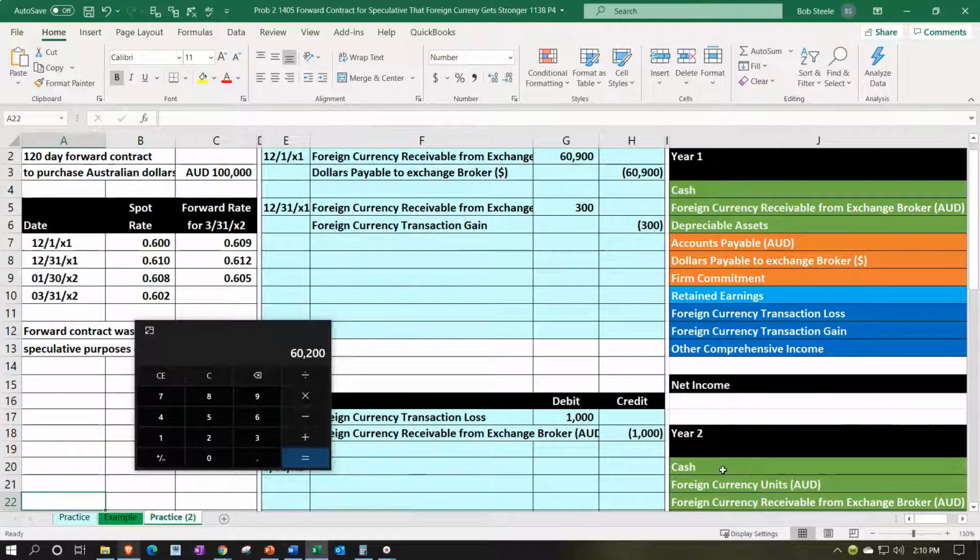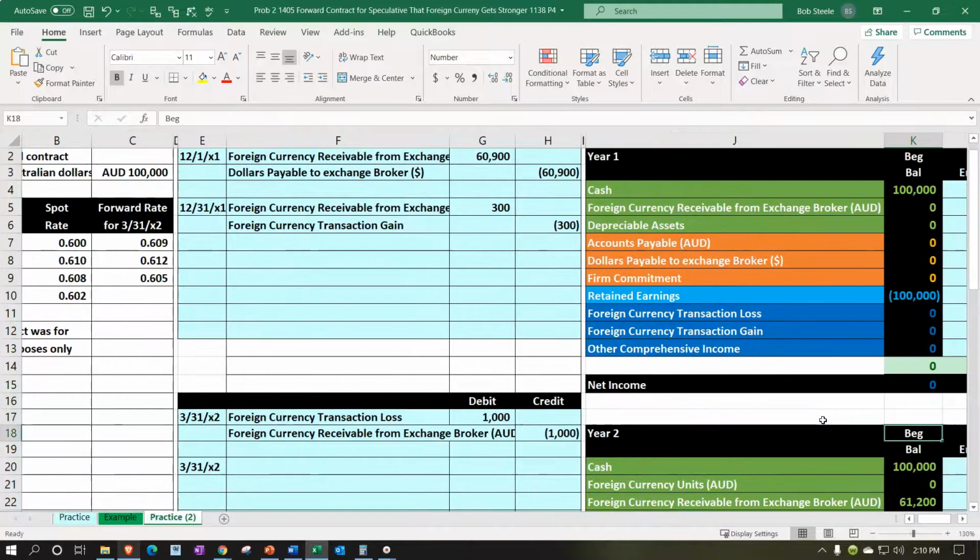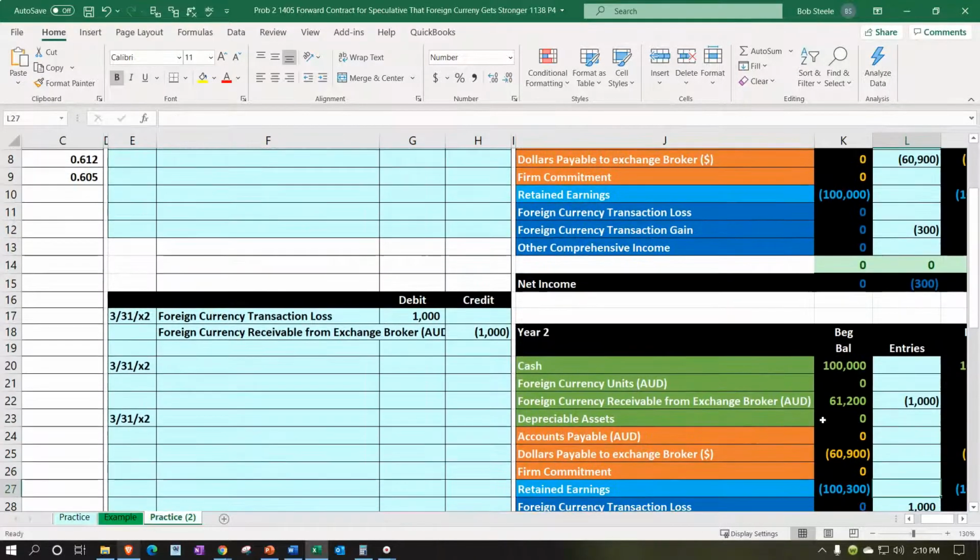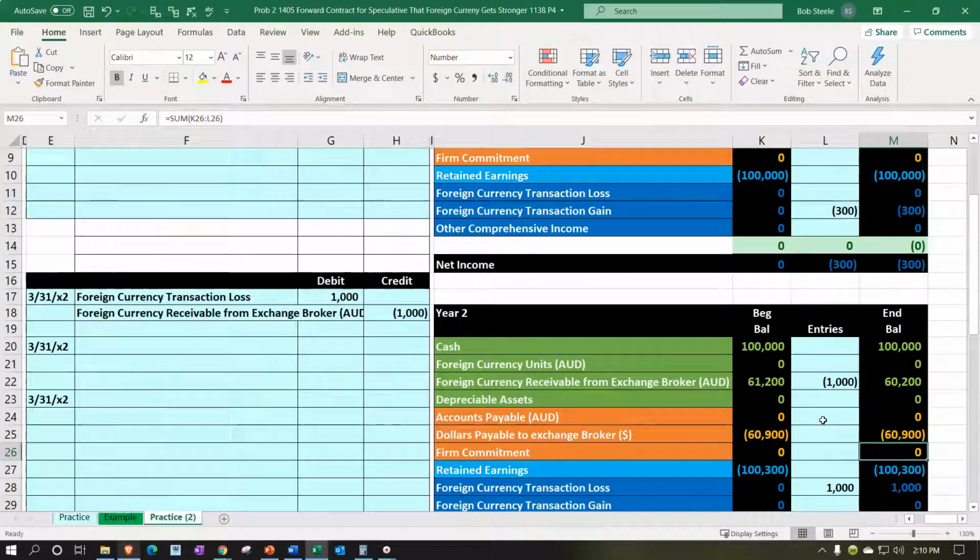So there we have that. Now we can complete this transaction. Basically now we have a payable to the broker, in dollars, of the 60,900, and we have a receivable from the broker that we're going to get in foreign currency of the 100,000 units, which is equivalent at this point, using the current spot rate, to 60,200.